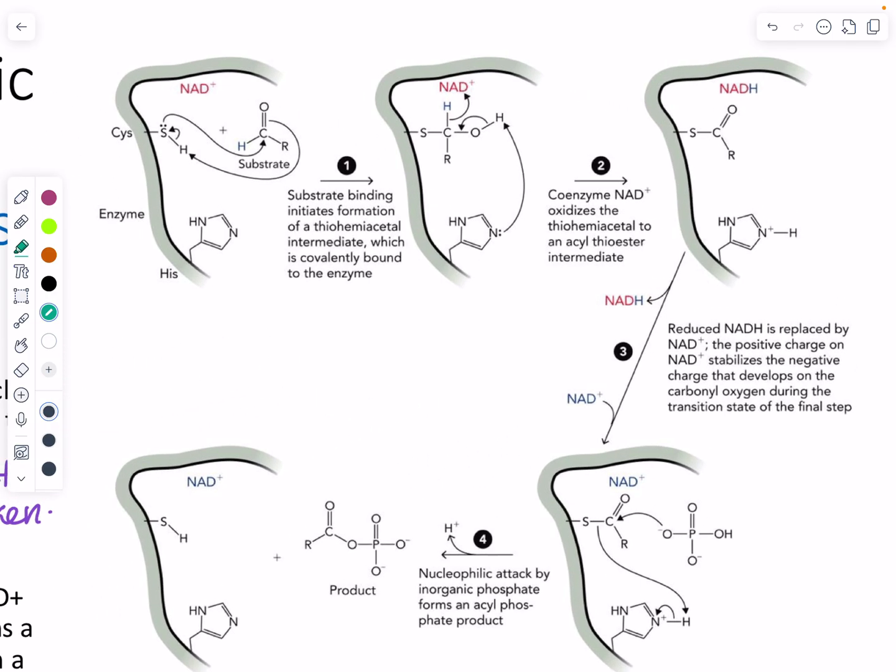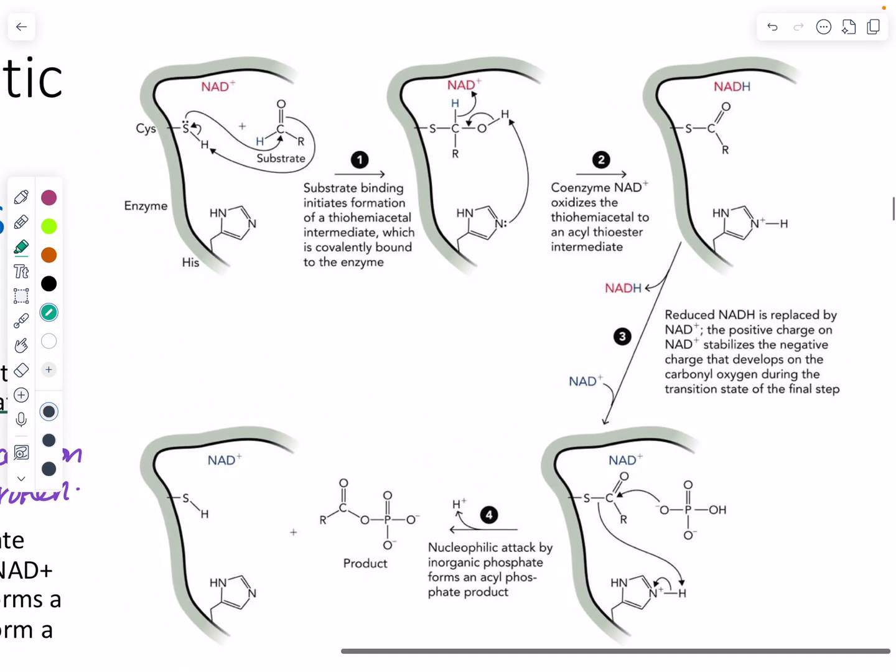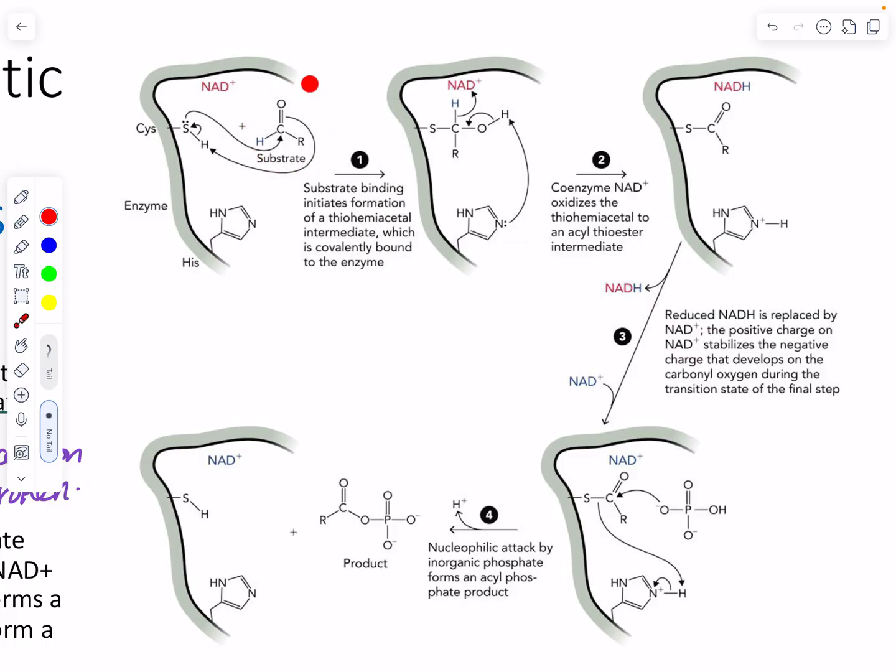We're going to zoom in again on our reaction, and we're going to start by noticing the substrate comes into the active site, and the fact that the substrate binds in the active site, okay, winds up changing the conformation such that it's going to begin the formation, okay, of our thiohemiacetal intermediate.